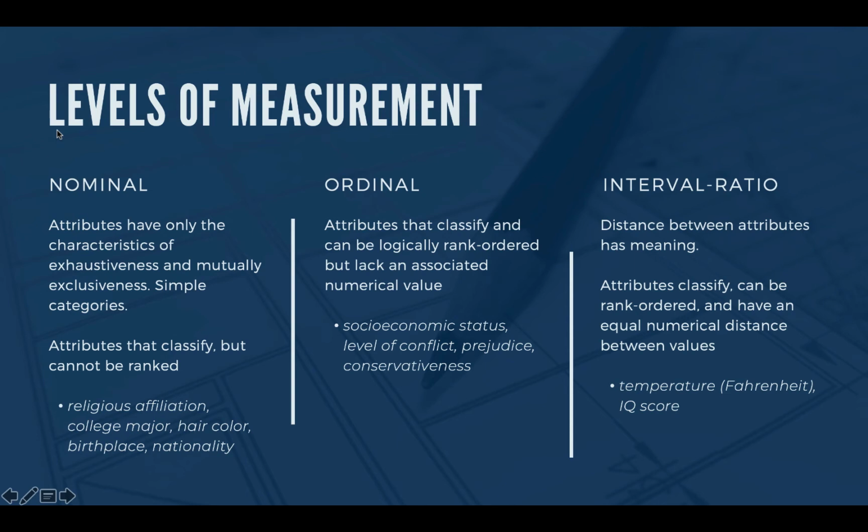We know that these are all categories to which people belong. So that's the first step. We know it's at least nominal. But we also know that working class is lower than middle class, and middle class is lower than upper middle class, and upper middle class is lower than upper class. Knowing this, we know that we can place them in various orders, right? So it has the added benefit of saying we can place them in order.